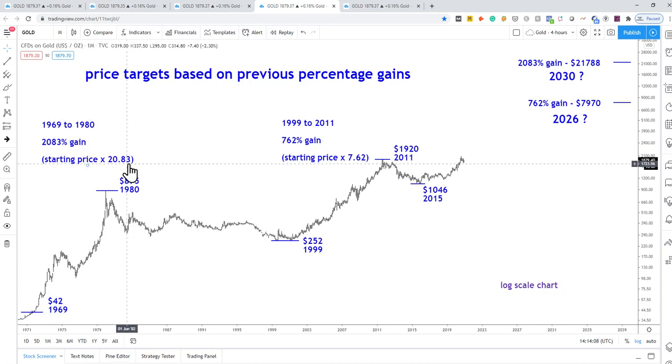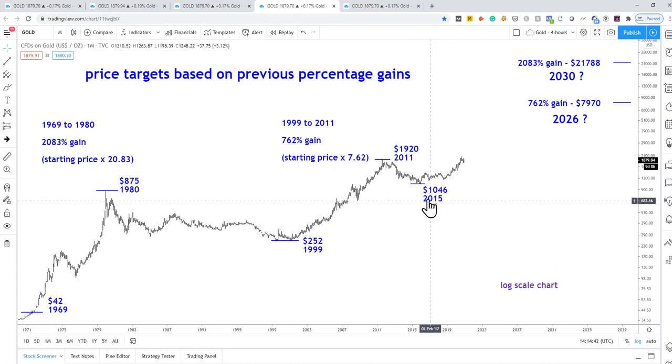What makes more sense to me is to think of, okay, I have my starting price. How many times did it multiply? In this case, it's 20.83. 42 times 20.83 is 875. Our last big rally was 1999 to 2011. We got a 762% gain, or an increase of 7.62 times. Took us from 252 up to 1920.